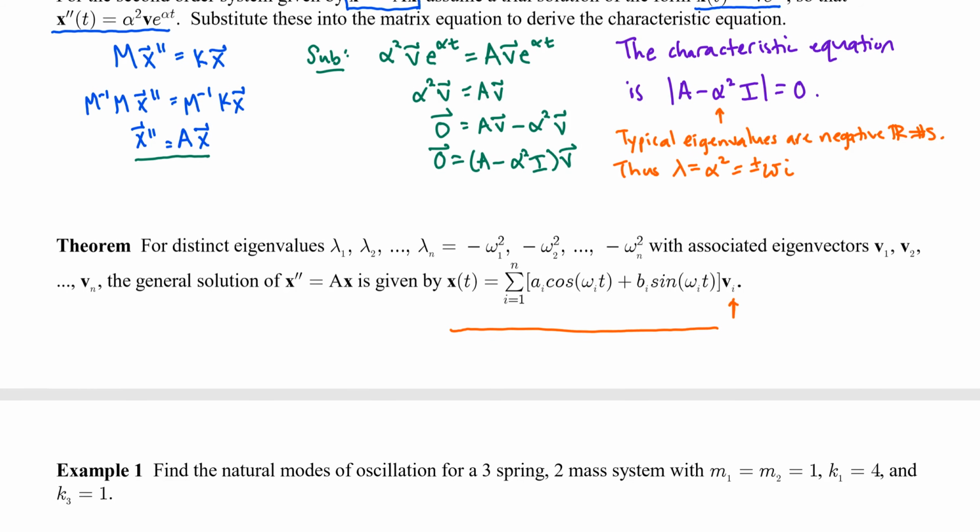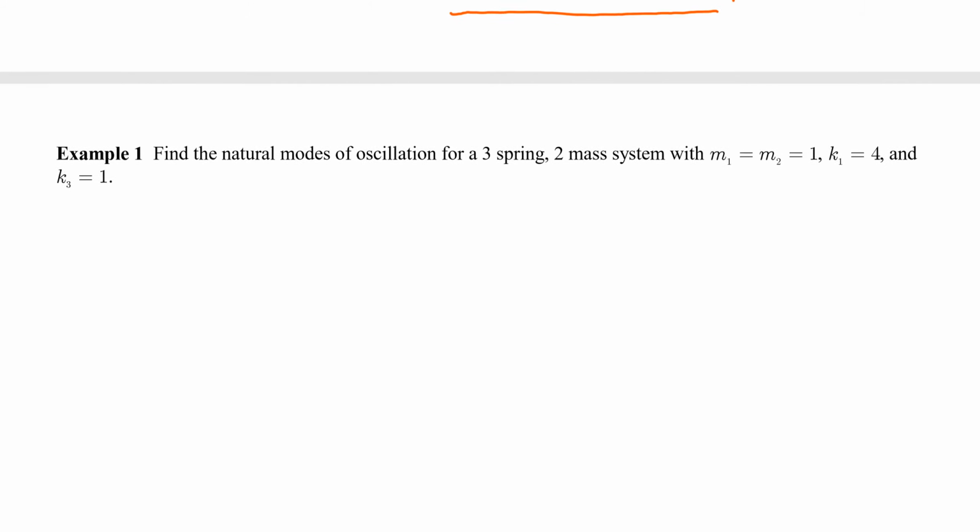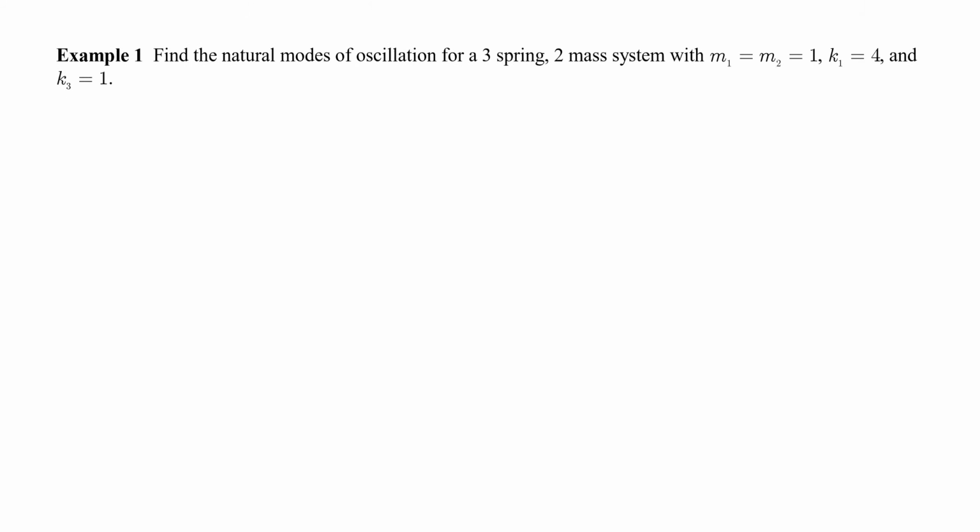Let's try an example. Example 1, and our last example for the semester. Find the natural modes of oscillation for a 3-spring, 2-mass system with m sub 1 equals m sub 2 equals 1, spring constant k sub 1 equals 4, and spring constant k sub 2 equals 1.